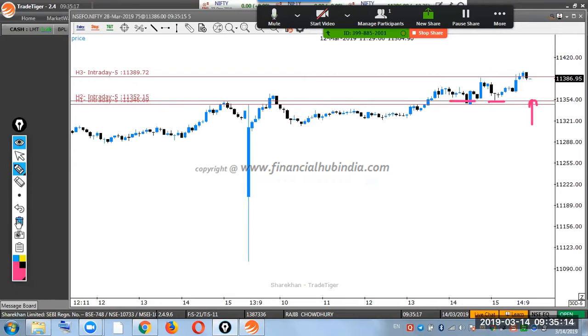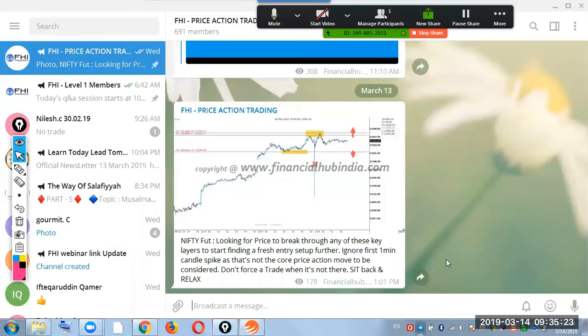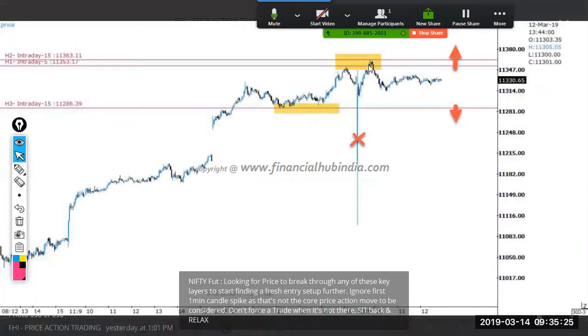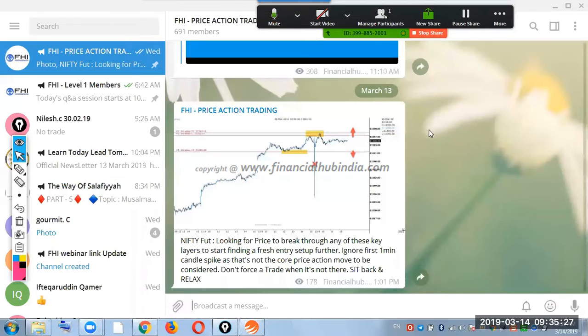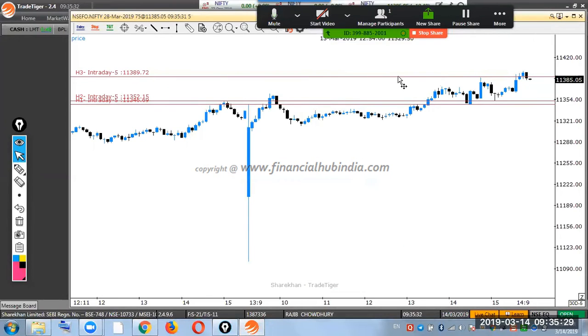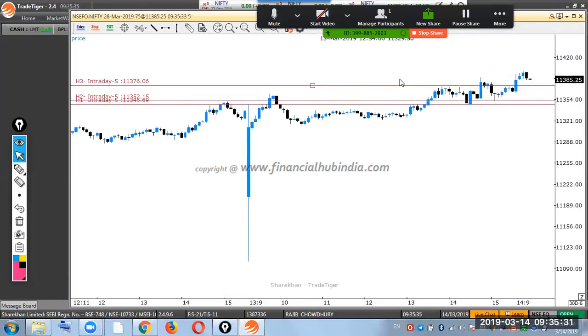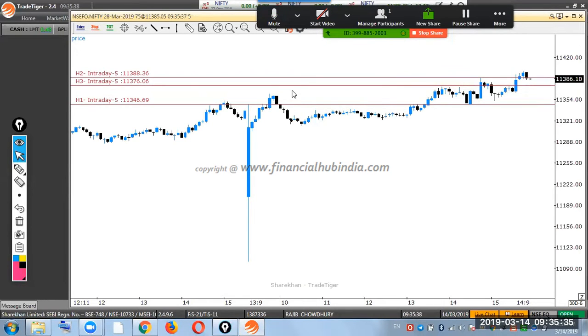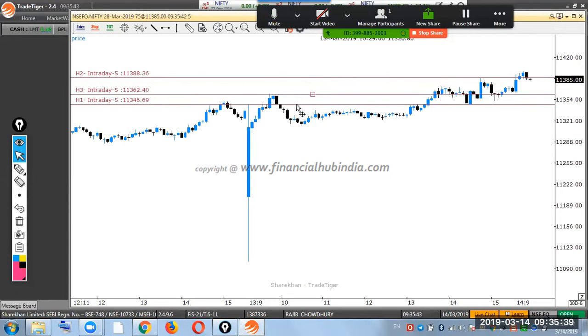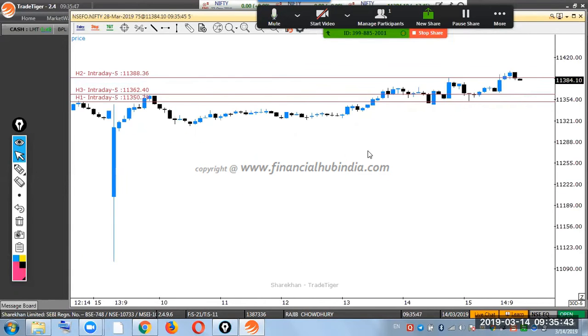Overall, on the next session, I can see there are people getting confused on this one. Here you have this resistance zone, which was drawn here as well. Sorry, not this one. This was the resistance zone here.